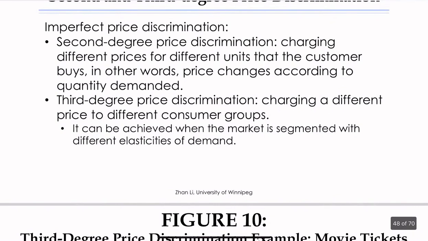And then we also have second degree price discrimination. In this case, the monopolist is charging different prices for different units that the customer buys. That is, price changes according to quantity demanded. Now, the definition of third degree price discrimination: if a monopolist is charging a different price to different customers, then this is third degree price discrimination.